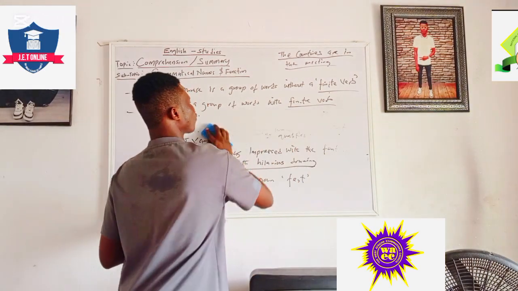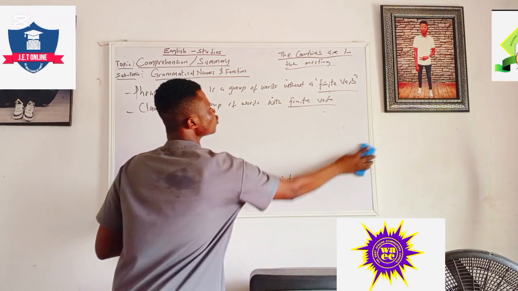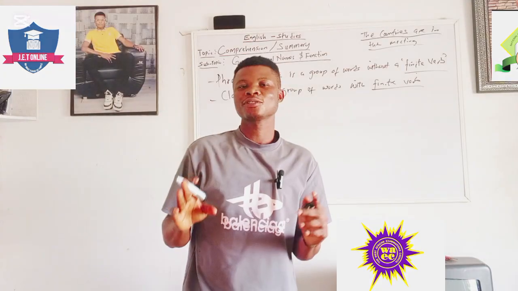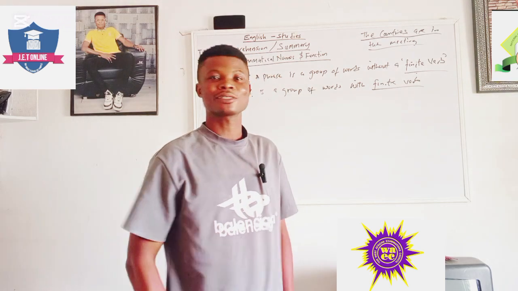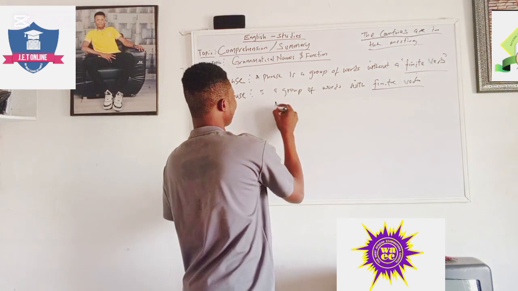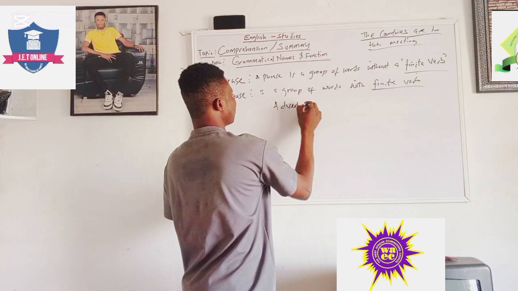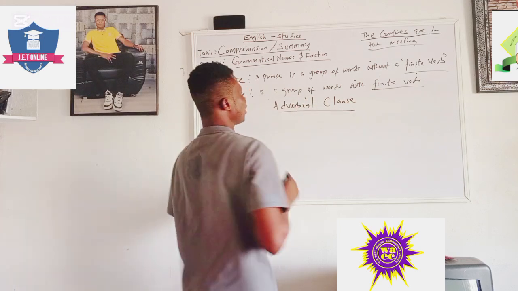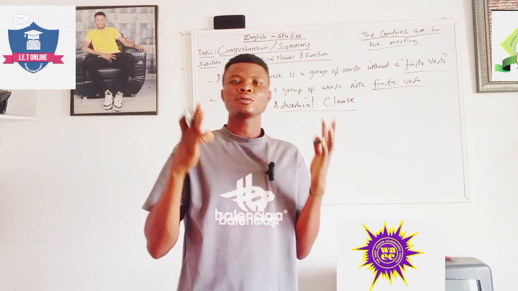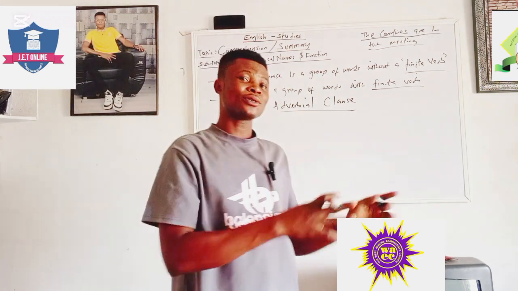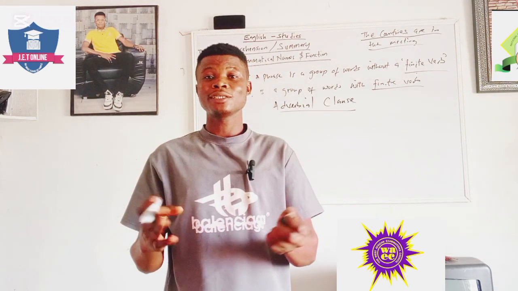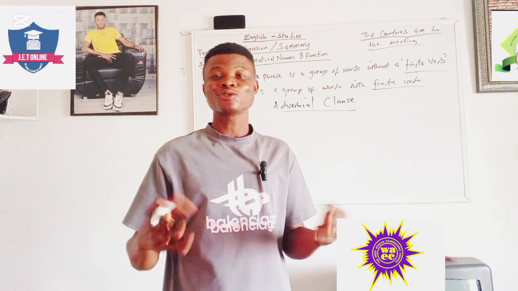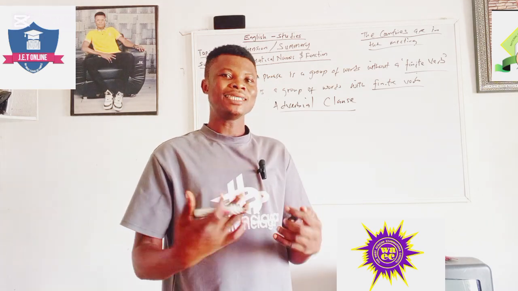Now let's look at the adverbial clause, the last type of subordinate clause. Finally, the third type of clause, which is the adverbial clause, is what we are left to discuss. Just like the other types of clause, the noun clause and the relative clause, the adverbial clause has an element of adverb in the expression.